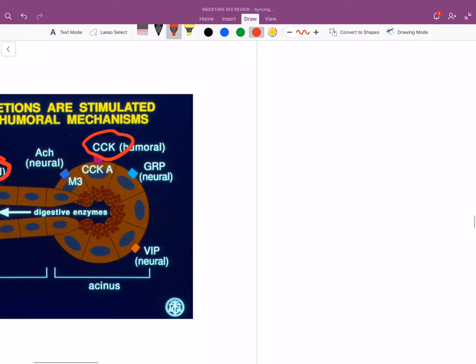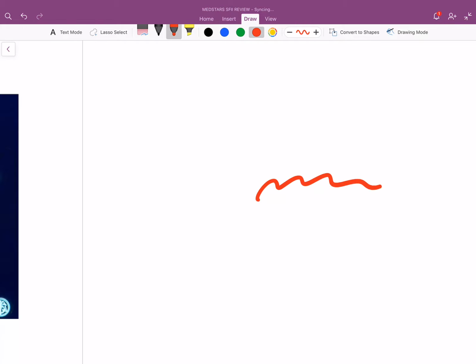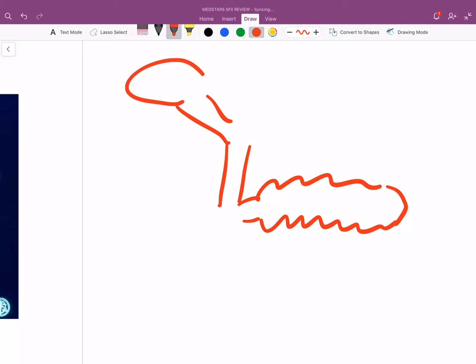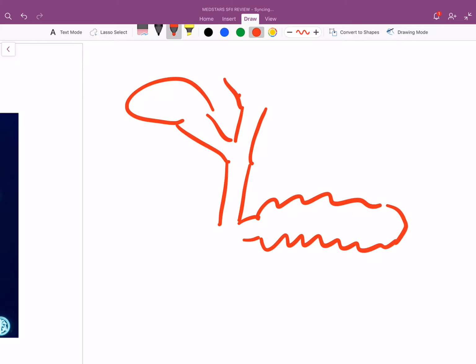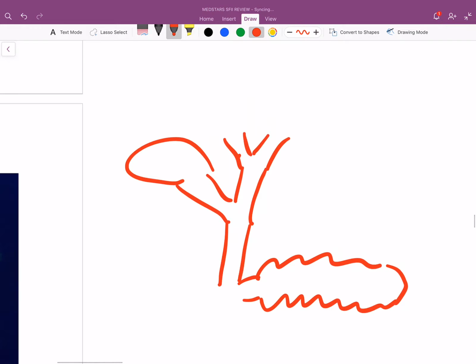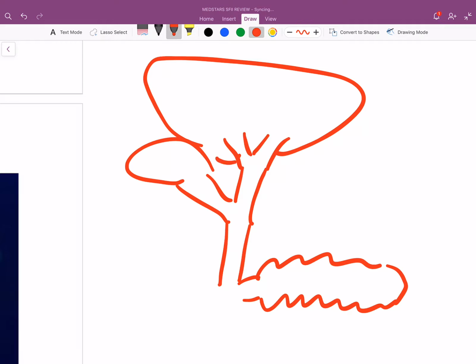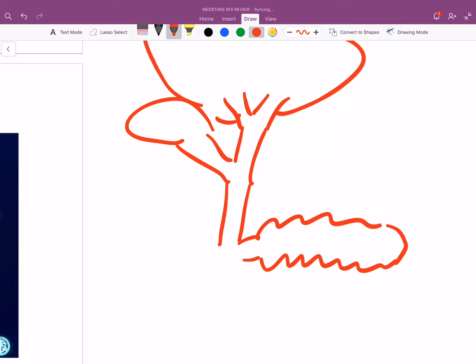And you guys know that the pancreas, which is this really fatty looking organ, has the pancreatic duct attached to the common bile duct. And then you have the gallbladder over here. Then you have the common hepatic duct here, which gives you the right and left hepatic duct, which go inside of the liver.